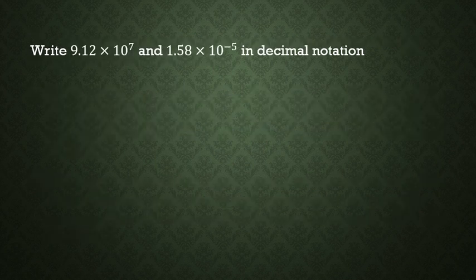So here's a couple examples of that right there. We're going to write 9.12 times 10 to the 7th in decimal notation, and then we'll write 1.58 times 10 to the negative 5th in decimal notation. So first up, 9.12 times 10 to the 7th.